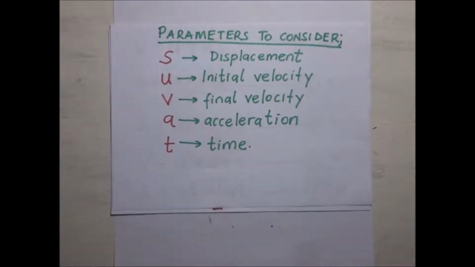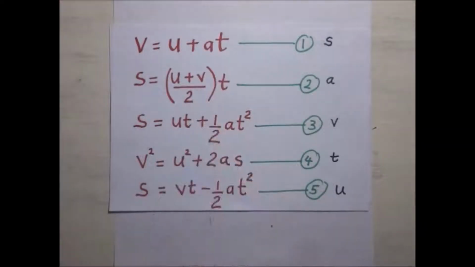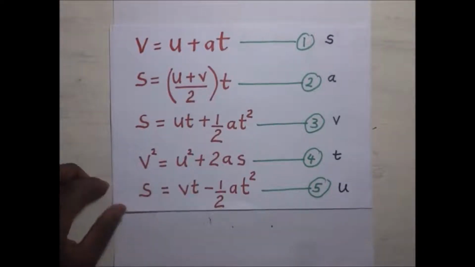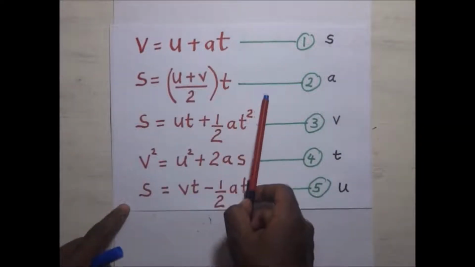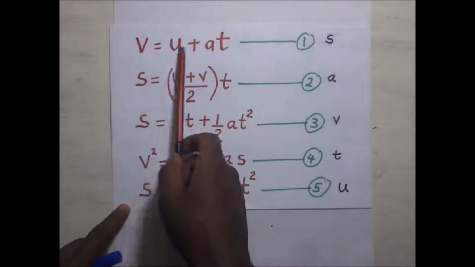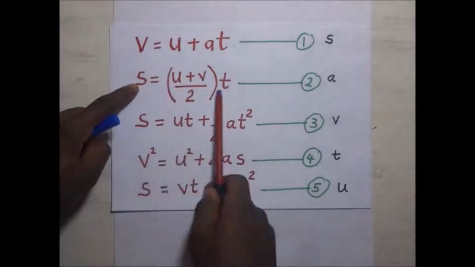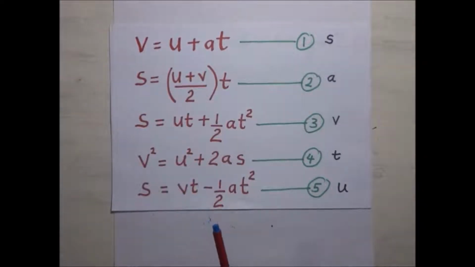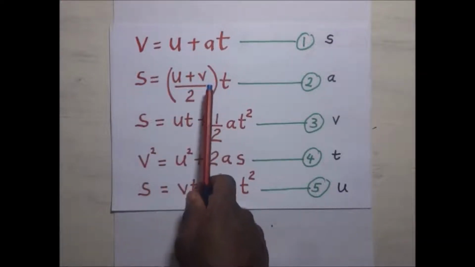So again, throughout, these were the parameters we were considering: displacement, initial velocity, final velocity, acceleration, and time. Of all these equations we derived, you saw that our first two equations were the ones that we derived from scratch. The first one we derived using the definition of acceleration. The second one we derived using the concept that the area under the graph is equivalent to the distance traveled by that particle.